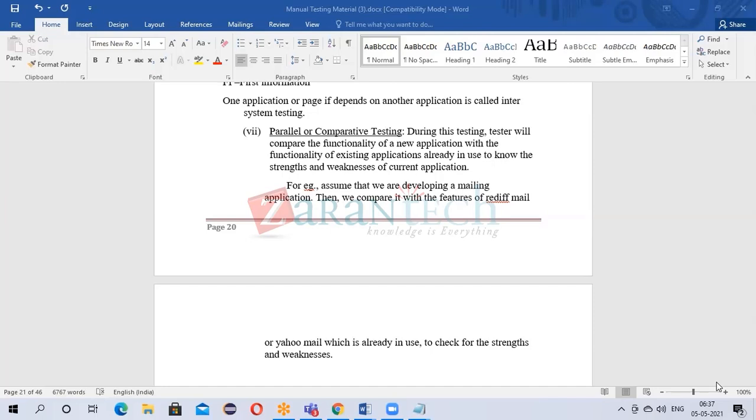So what is meant by parallel testing? The tester compares the new application with the existing application already in use in the market. Suppose, Jigo, you are purchasing one dress. Are you going to compare your dress with another dress or not?